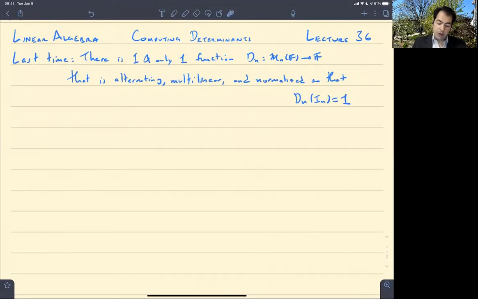Remember, alternating means that if you have a matrix with two columns equal to each other, then this function vanishes on that matrix. Another way of saying the same thing is that if you have two matrices that only differ in that two of the columns are in the opposite order, then this function just changes sign.